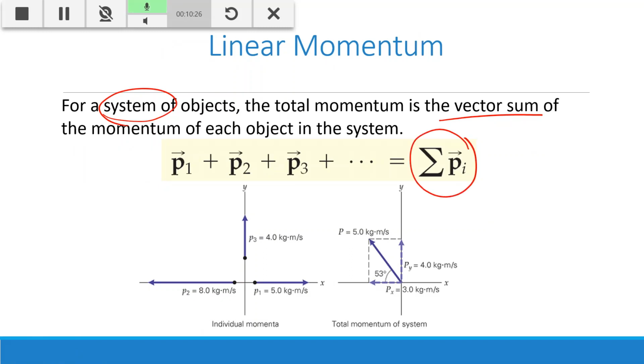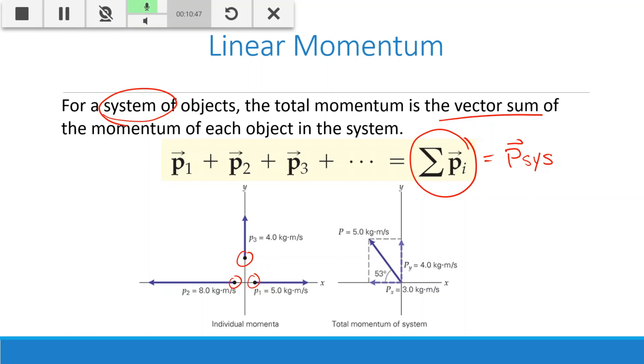So this represents the momentum of the system. For example, we have P1, P2, and P3 based on these three different objects.